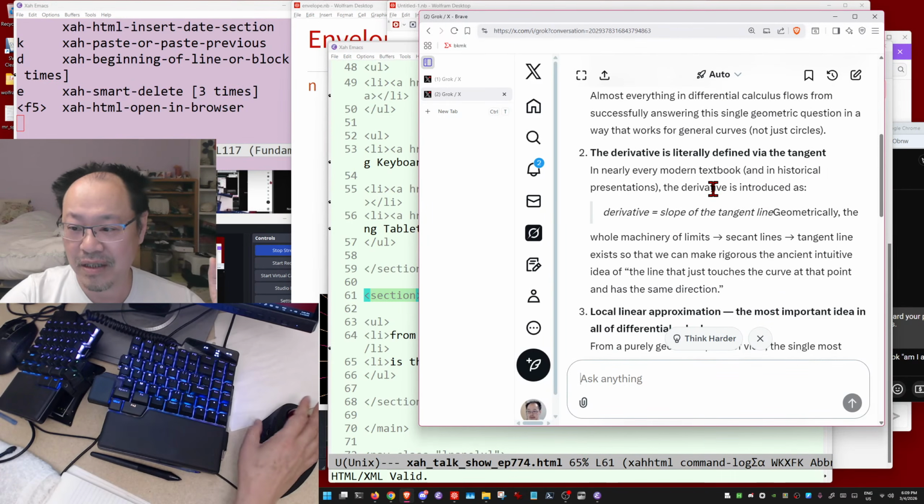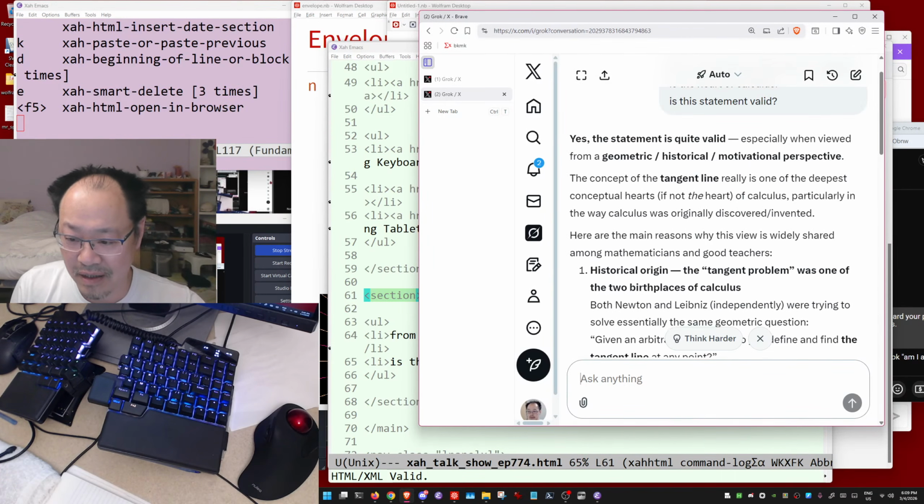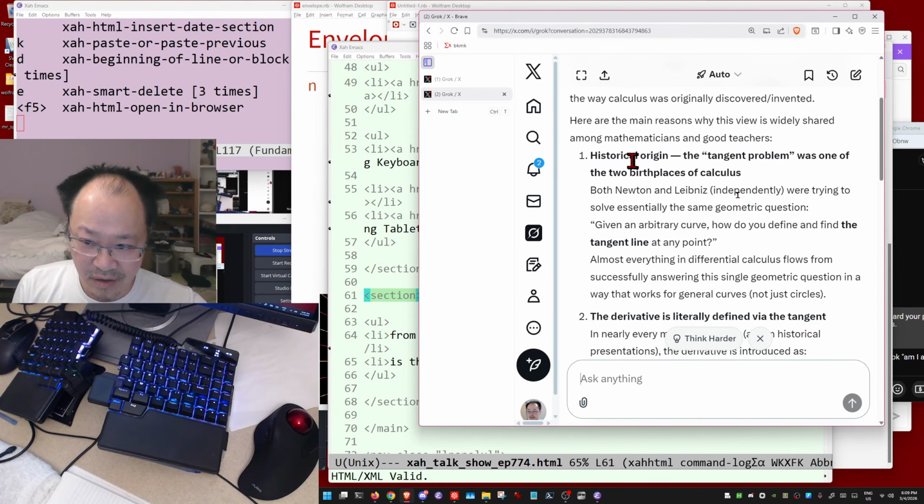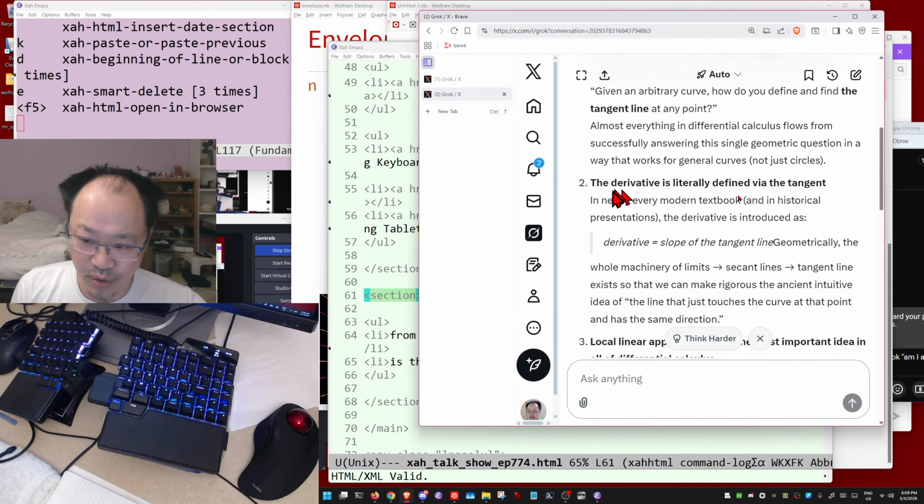So let's go over the historical origin. The tangent problem was one of the two birthplaces of calculus. It says the derivative is literally defined via the tangent. That's right.